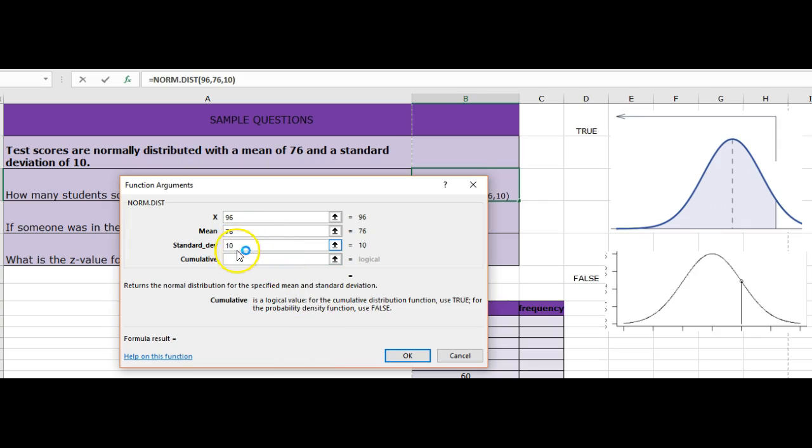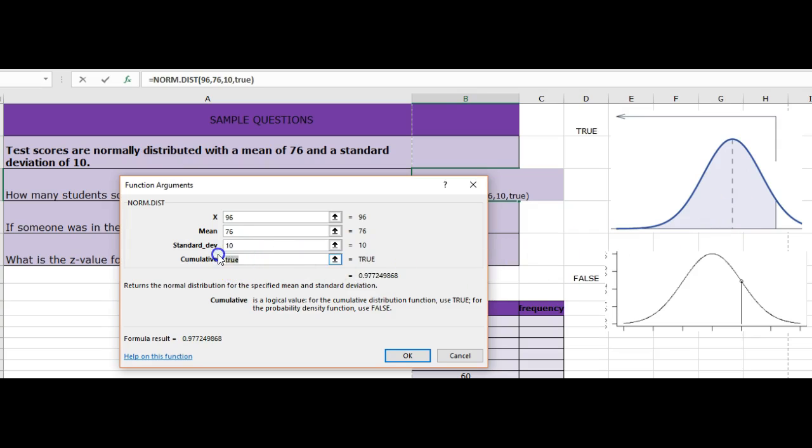Cumulative is if you want to find the area all the way to the left of the curve. So I have two drawings right here. When you put in the word true, so it tells you right down here, true or false, what that means is that I'm going to be finding the area cumulative all the way to the left of the curve.